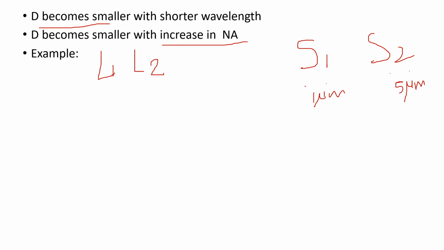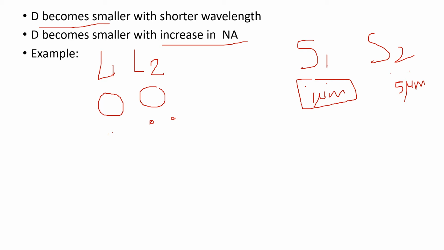So let's take specimen 1 under lens 1. When this lens forms an image of the specimen whose bacteria are separated by 1 micrometer, the image is not visible. The bacteria are overlapping. The same specimen, when placed under lens 2, produces an image with two clearly separated bacteria.